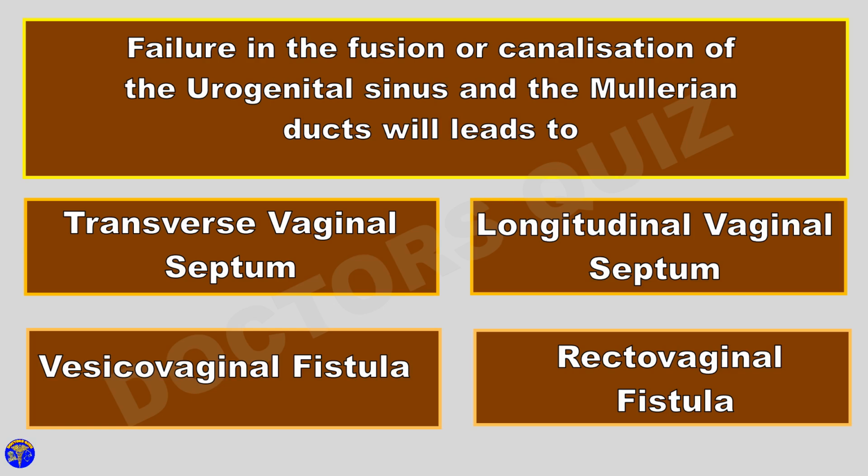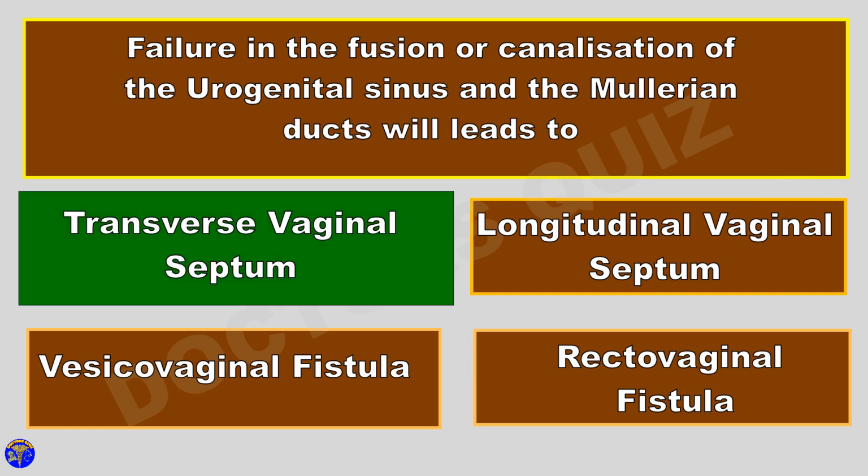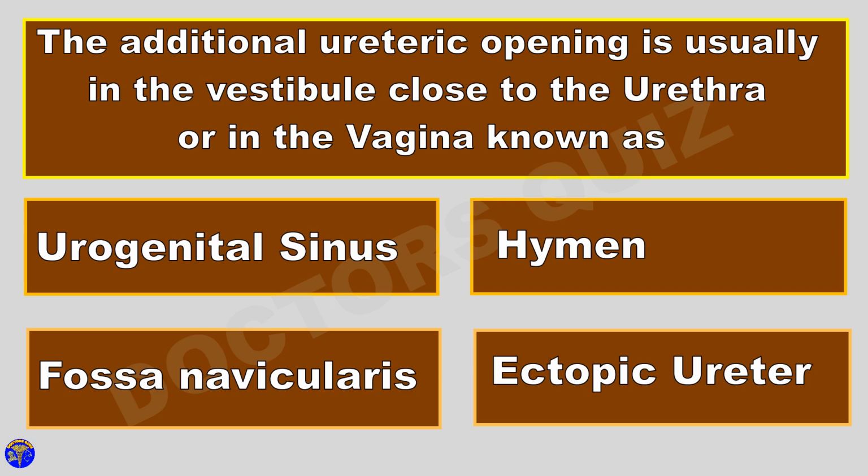Failure in the fusion or canalization of the urogenital sinus and the Mullerian ducts will lead to transverse vaginal septum. The additional ureteric opening is usually in the vestibule close to the urethra or in the vagina, known as ectopic ureter.